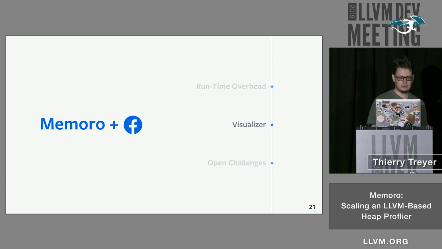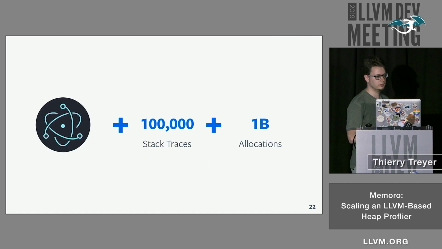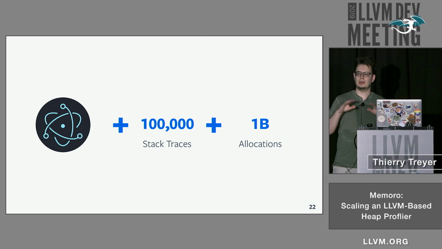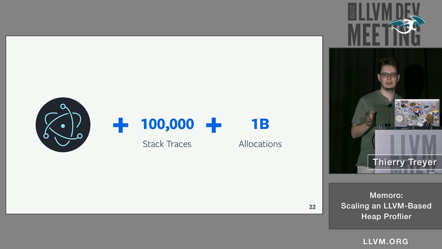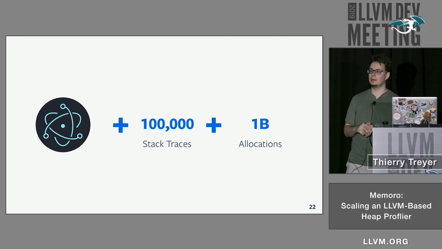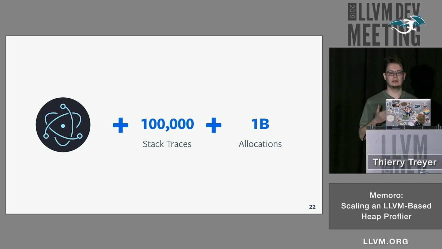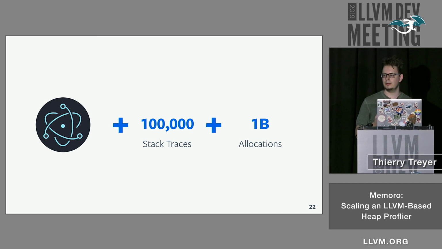So the visualizer is an Electron app. Electron is like a web browser that appears like a system application on your system, but it's just a web browser, and it allows you to really easily create web UI.